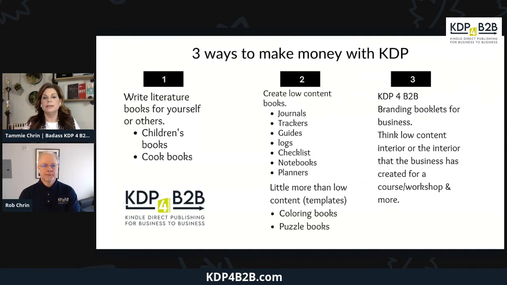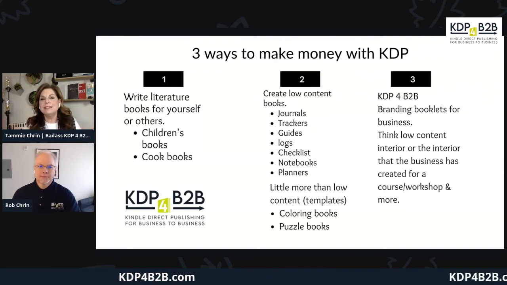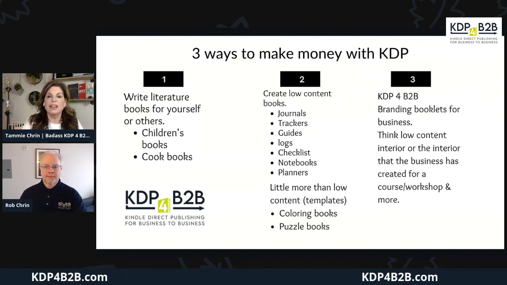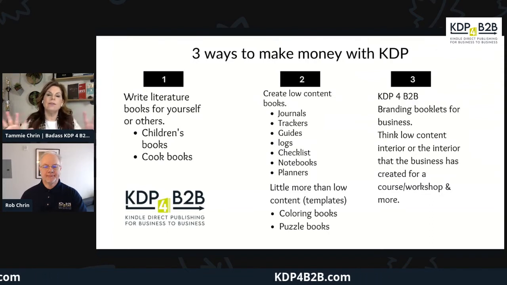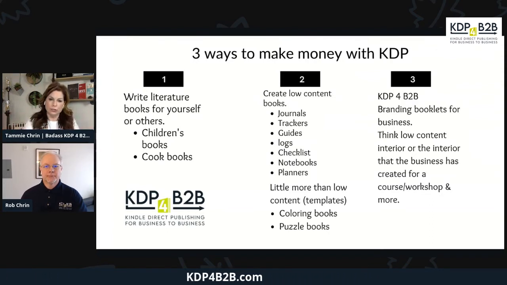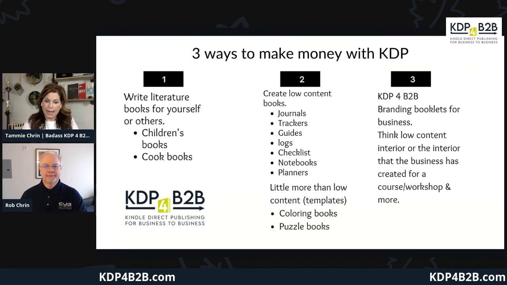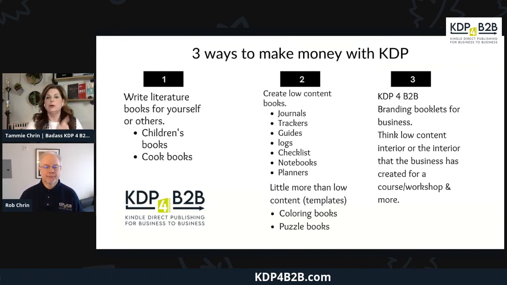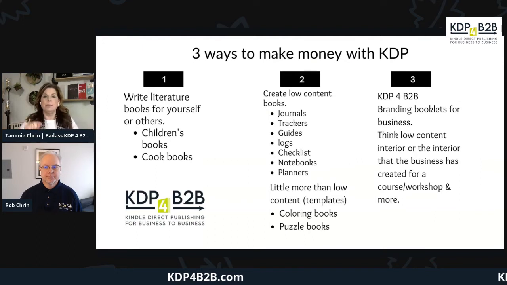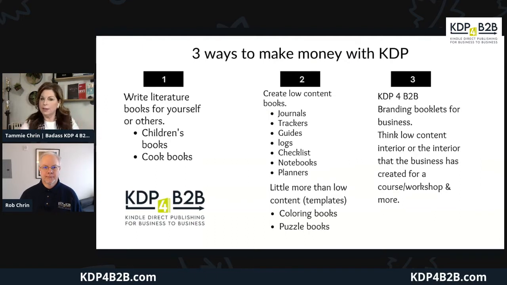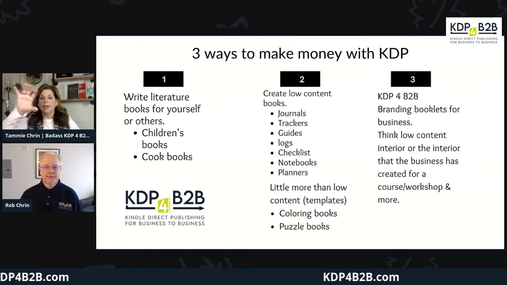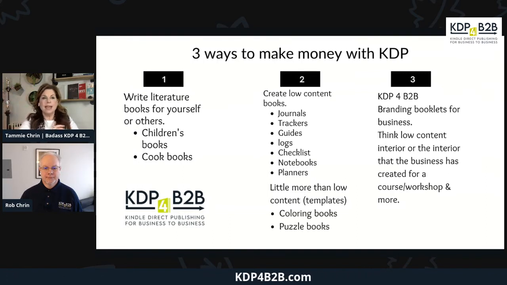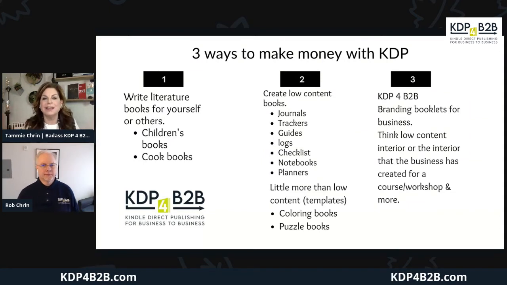Now, the beauty of that is the business is now driving the traffic to the book. They have an audience. They have all of the things that I needed in column number 2 that I did not have. So when I went to column number 3 for the KDP for B2B, boom, that's when the businesses got excited because I could create the booklet for them. Then they would take the URL, take the information, and promote it to their audience.